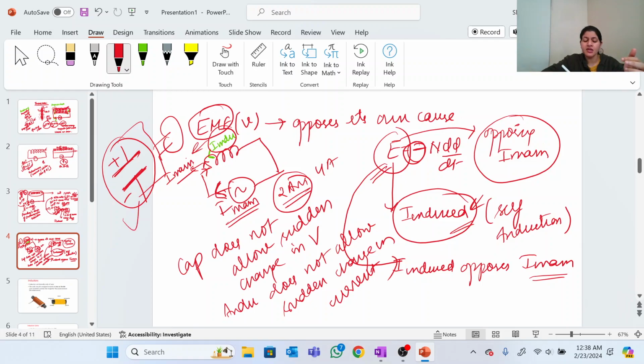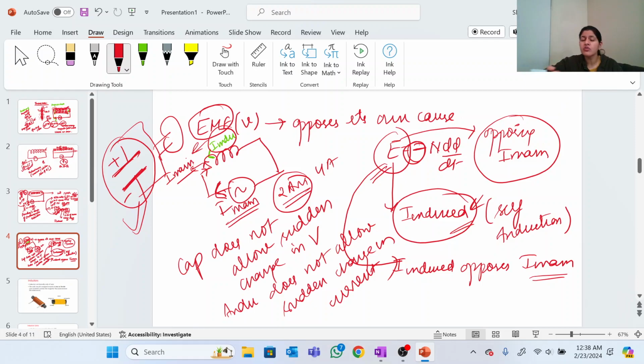Until that time we can use the capacitor as a constant voltage source. Similarly, whenever we want to maintain a constant current, like some application which is not demanding sudden changes, like 0 ampere to 2, then directly 10 ampere, then directly 15 ampere.